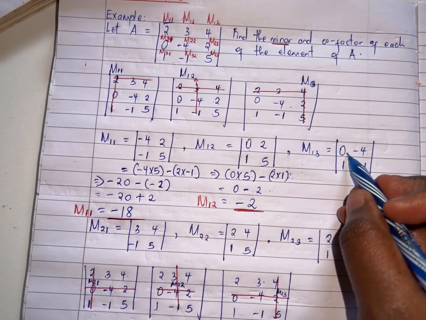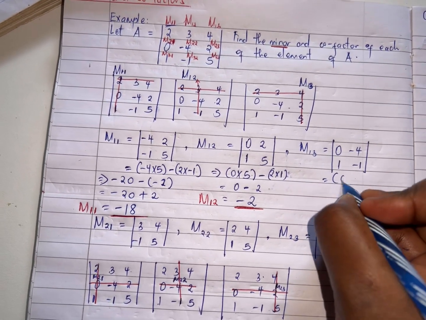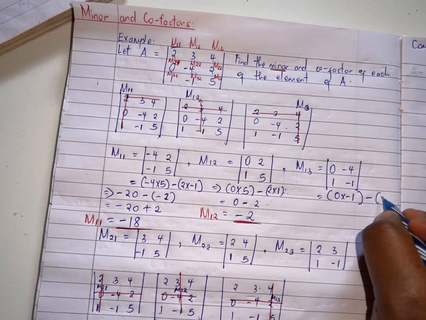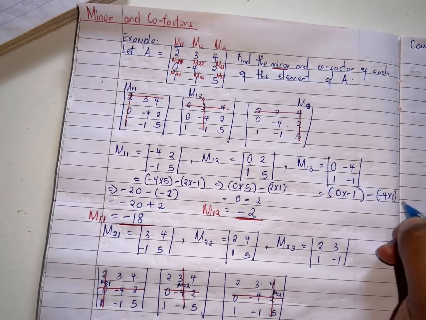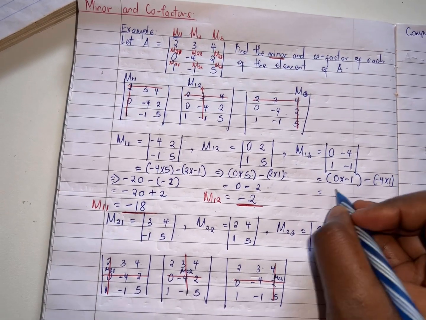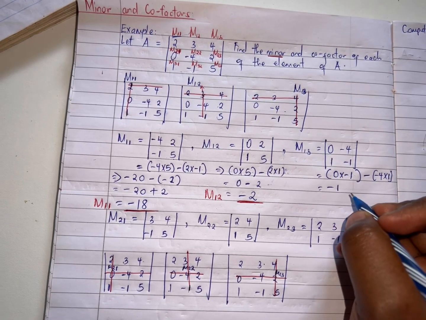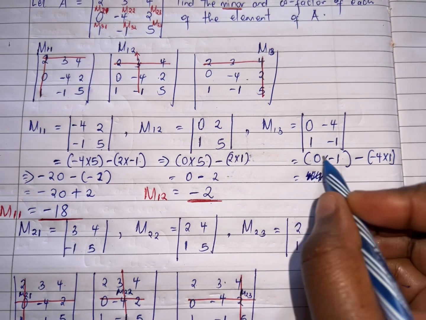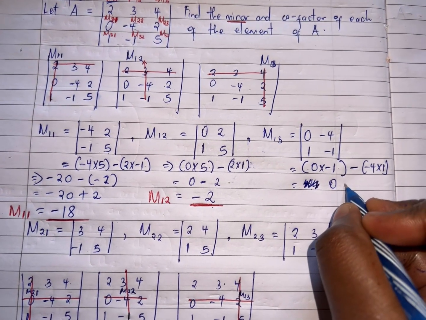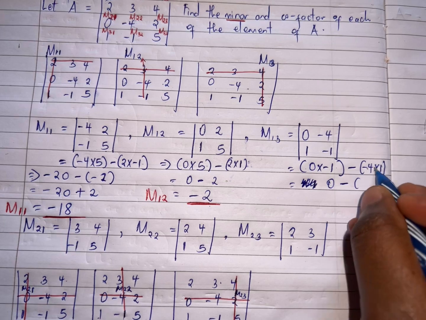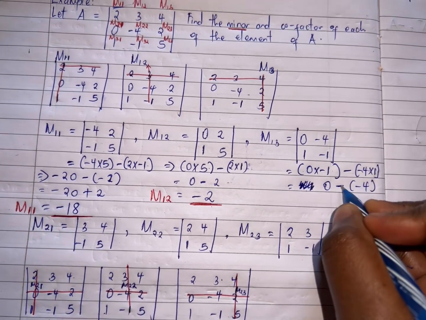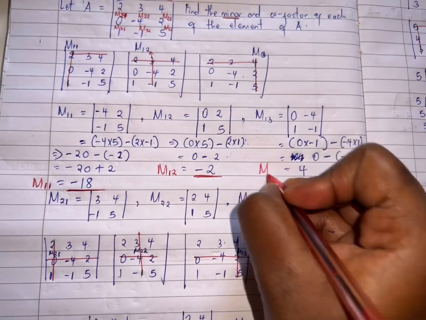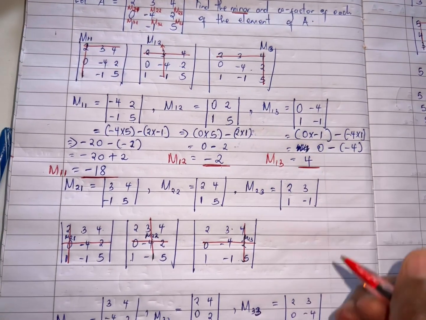So M13: negative 4 times 1. That's negative 4. 0 times negative 1. Any number multiplied by 0 should be 0. So 0 minus negative 4. That's 4. So M13 is 4.